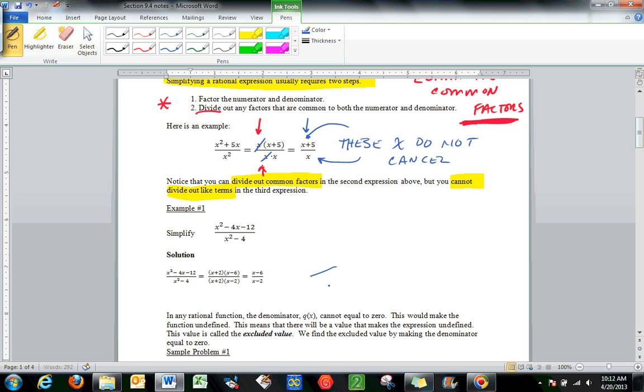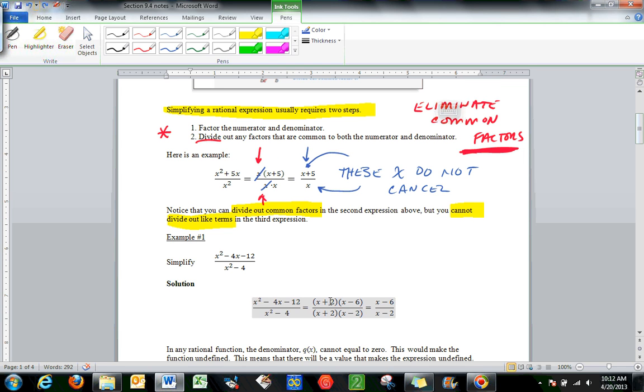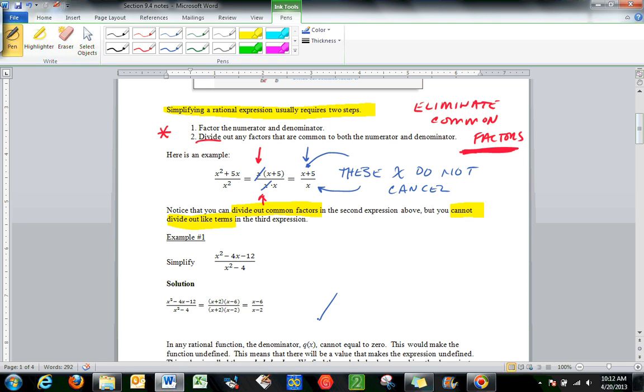So basically we can see that the x plus 2's will cancel out. And so now, when our x plus 2's cancel out, we're left with x minus 2 over x minus 6 over x minus 2. Again, these x values cannot cancel out because they're part of a bigger term. So the like terms do not cancel out.